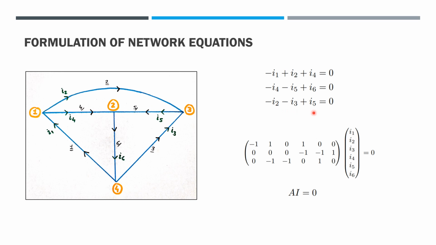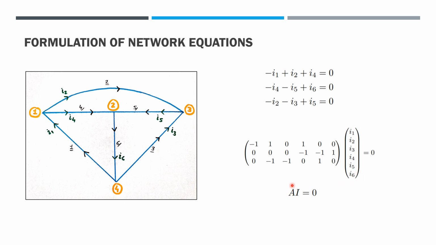This is our third KCL equation. So we can say that this matrix equation represents all 3 KCL equations. Now we can observe that this is our incidence matrix that we formulated in the previous slide, and let's say this is the matrix I that represents all currents in a column.